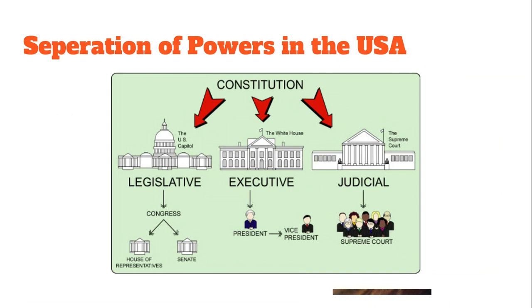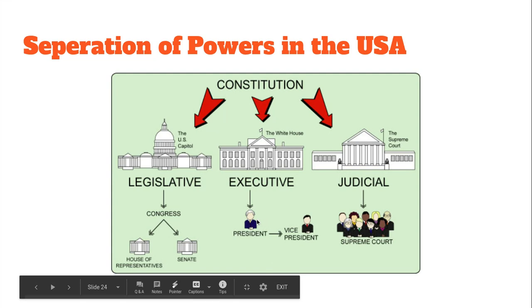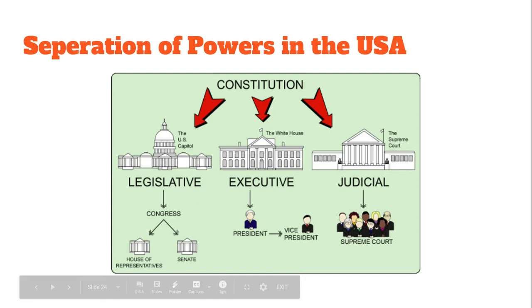And each branch has different types of powers that they can use to ensure that another branch doesn't become too powerful. So the president can't become too powerful and do whatever he wants, right? Lawmakers can't become too powerful and do whatever they want. They can check and balance each other. And that's Montesquieu, really. He popularizes that idea in France.